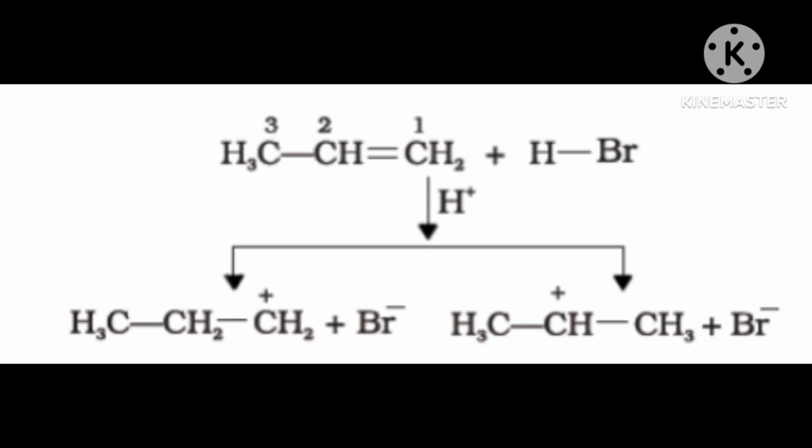When it attaches to the first carbon, bromine radical attached to the first carbon, then on the second carbon one electron is there. That's why it is again a radical, the third time we get a radical. It is a more stable secondary free radical.